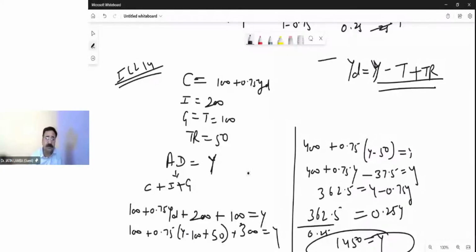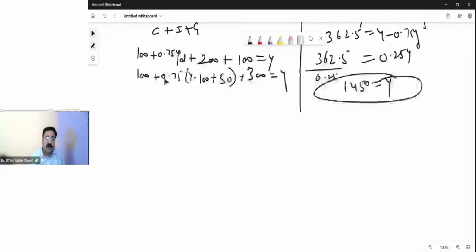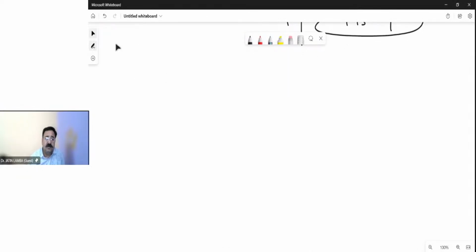In illustration 15, we have a closed economy because there is no rest of the world, no export or import.